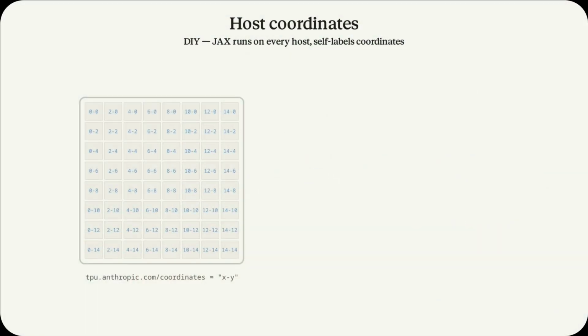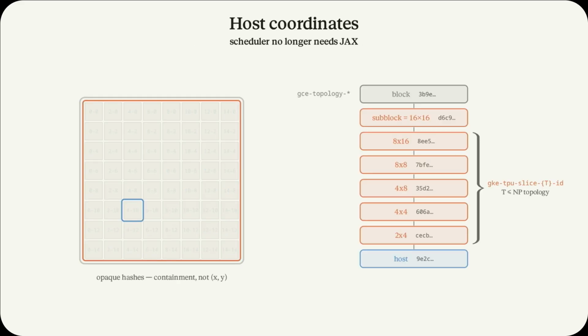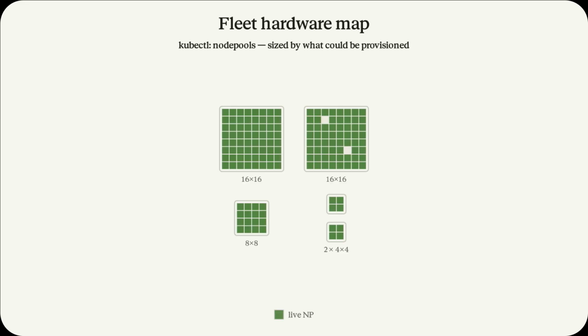Before, we were doing that through our own custom process that would take roughly 10 minutes. Once we ingested the slice, we would have to run a specific JAX program to map everything out. But now, towards the end of 2025, we got that as a first-party label within the nodes themselves in GKE, completely eliminating this 10-minute process and having that information firsthand, knowing exactly where each one of the hosts was for the purposes of doing sub-slicing.